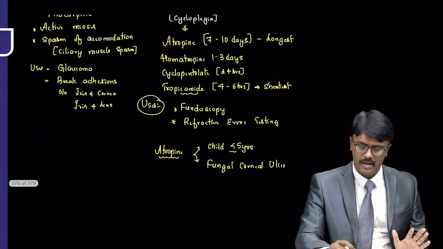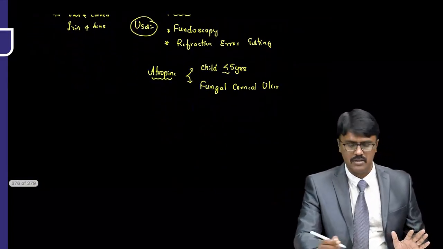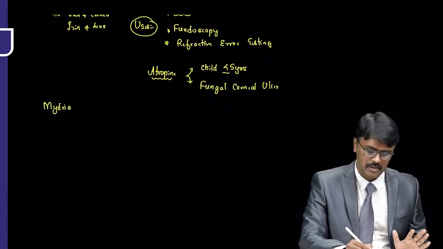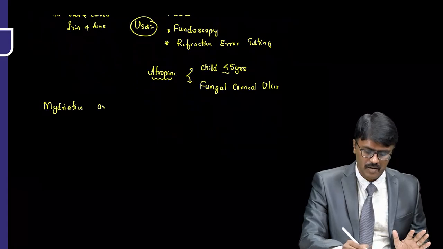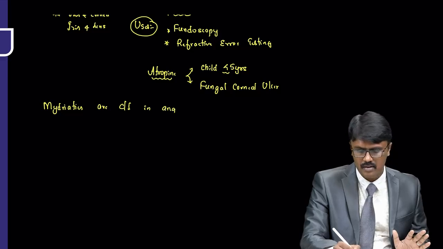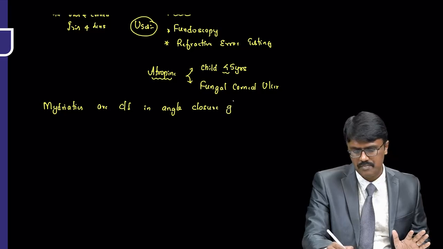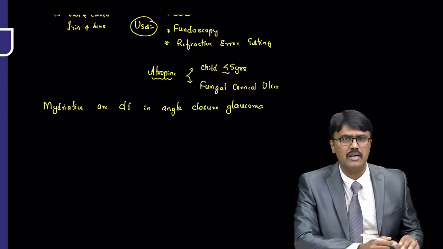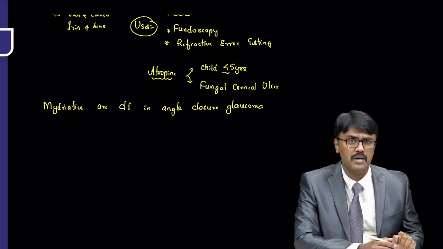Okay. Now, once we know this, remember mydriatics, any drugs which are mydriatics, they are contraindicated in angle closure glaucoma. So mydriatics are contraindicated, particularly the drugs having anticholinergic property.